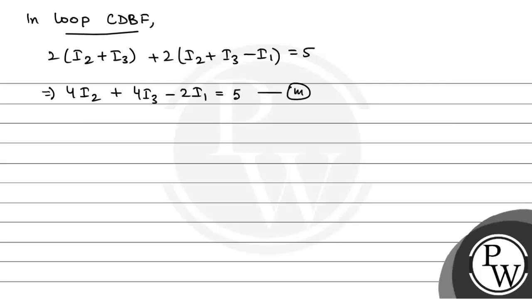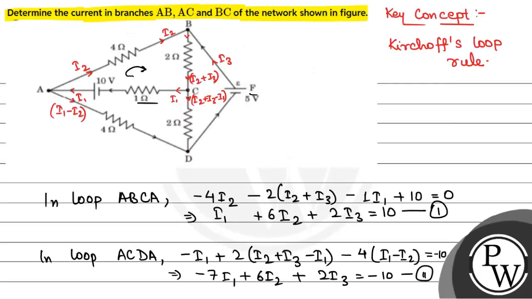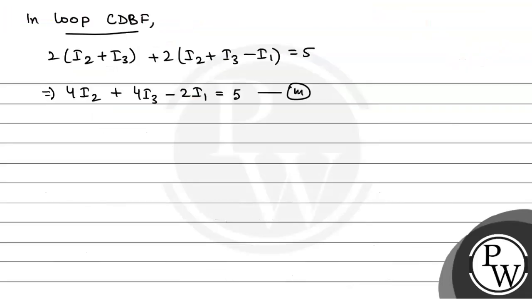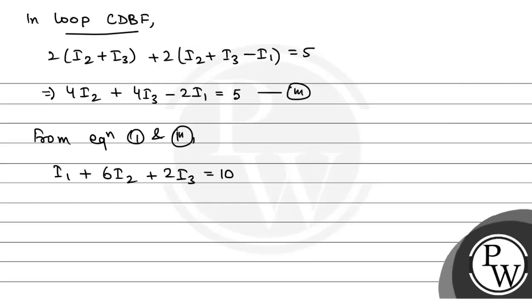So अब हम देखेंगे from equation 1 and equation 2, we will have I1 plus 6I2 plus 2I3 that is equal to 10, and then we have -7I1 plus 6I2 plus 2I3 that is equal to -10.